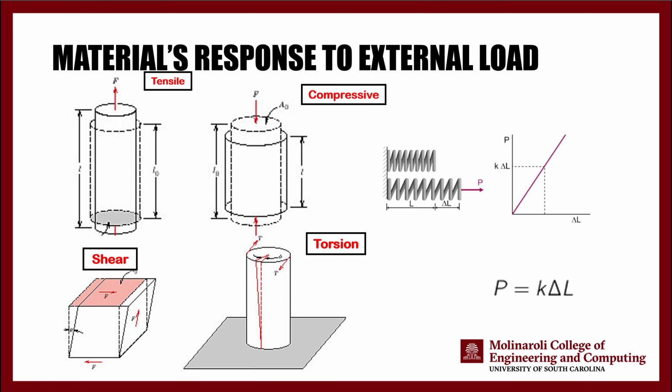But essentially our focus today is going to be on tensile load, and we're going to learn how to do a tensile test and what the purpose of a tensile test is. To relate the load to the deformation, to the response of the material to any external load, we are going to use Hooke's law, which essentially tells us that there's a linear relationship between the load P and the change of length.